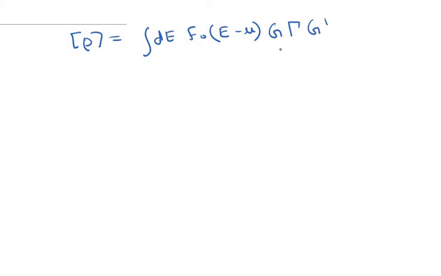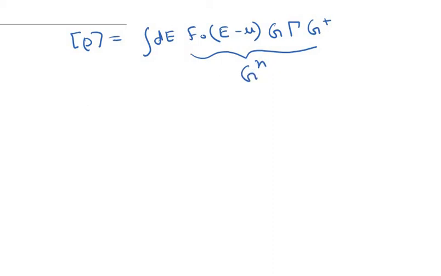So our entire density matrix now becomes rho equals the integral over dE of f0(E minus mu) G gamma G dagger. Note that G, gamma and G dagger are matrices, but I am avoiding the matrix sign just to avoid clumsiness in the expression. Okay, now this part of this expression over here gives us the energy resolved density of electrons, and we call this Gn, n for electrons.